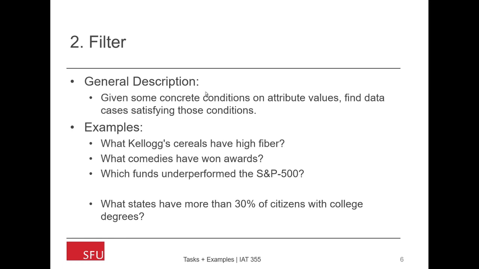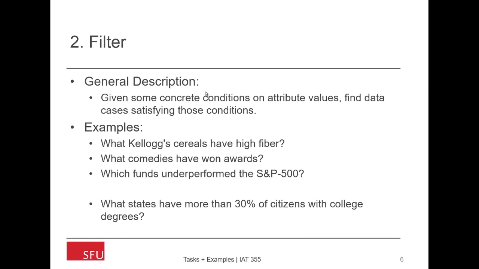And so, for example, here in the examples, one example is what Kellogg's cereals have high fiber, and so there's a double query going on there. We're selecting Kellogg's cereals, and then within that we're selecting those which have high fiber instead of low or medium.